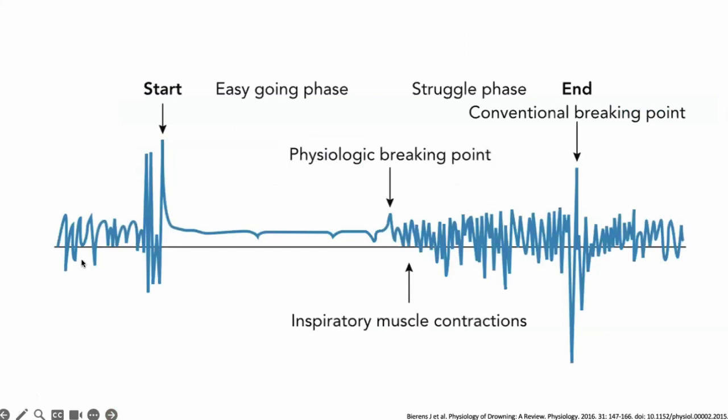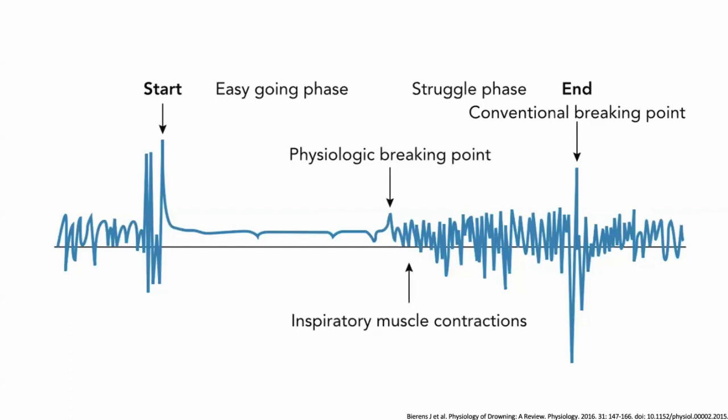At the beginning of drowning, there's sort of like an easy going phase during breath holding, where the person doesn't have significant inspiratory muscle contractions. And there reaches a point where a person can no longer hold their breath, and they have a significantly increased urge to breathe. The inspiratory muscles contract.